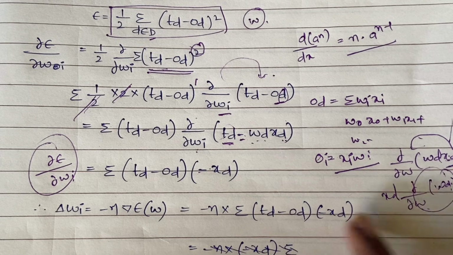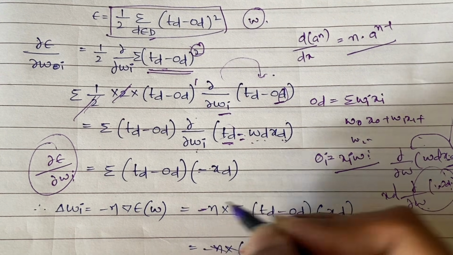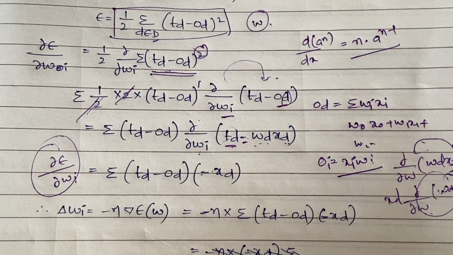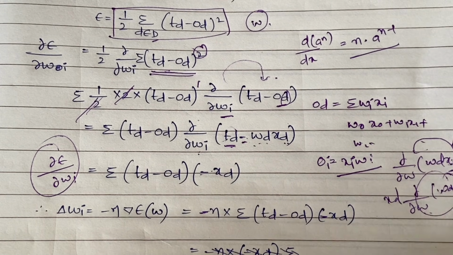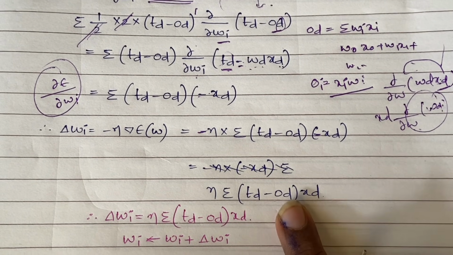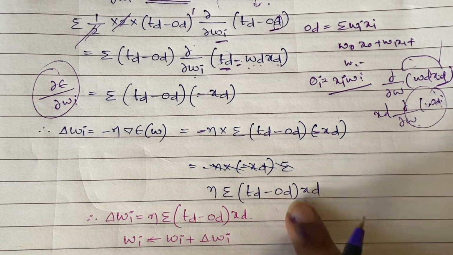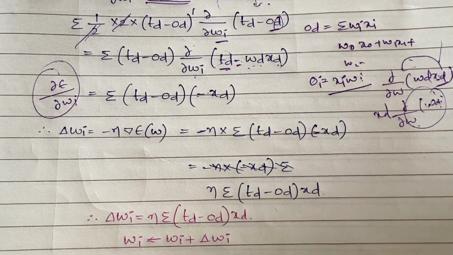Okay, done. And when you substitute, you will get this. In the formula you already have negative n, and here also you have a negative, so negative times negative gives you the positive. That is why you don't have any negative sign in the formula. So n times sigma of td minus od into xd, where n is the learning rate.